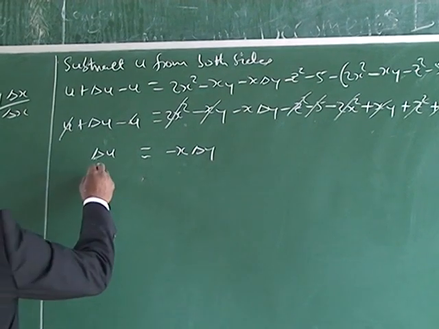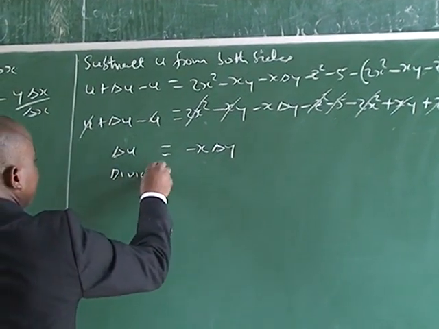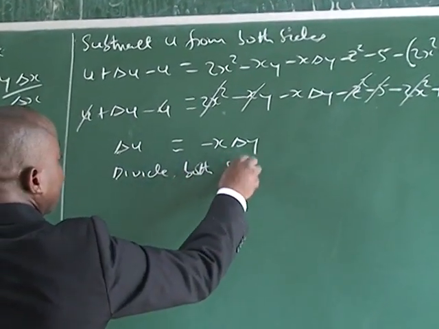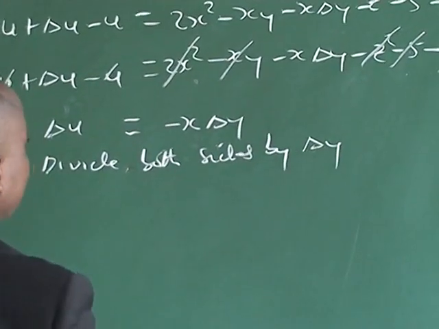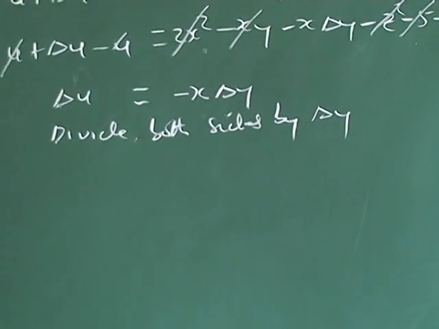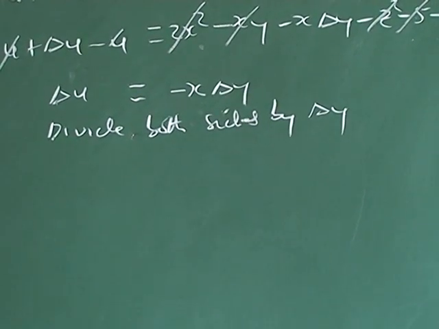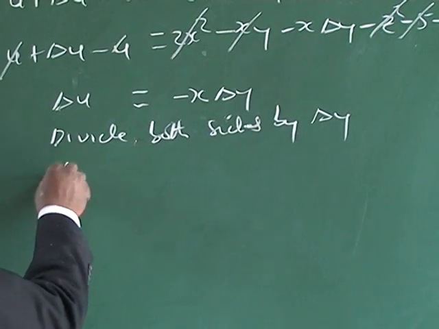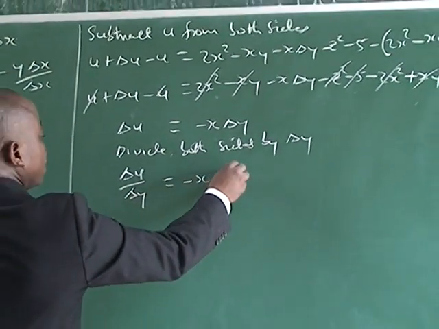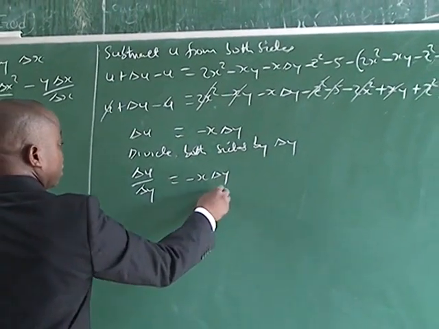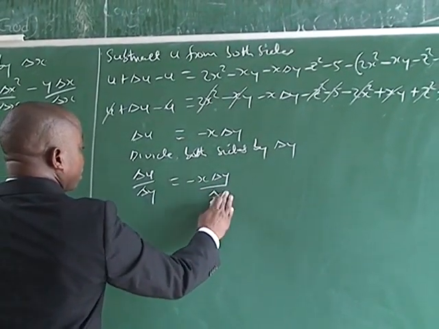Okay, now if I divide both sides by change in y, I will have change in u over change in y is equal minus x change in y divided by change in y.